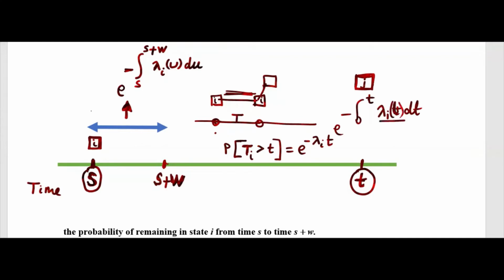Here this is a dummy variable, so you can write lambda I U du. So this is the notation. They are exactly the same. The only thing is, at whatever time we are making a transition, for that we have given S to S plus W. W is the time, remember. This is also there separately, but I don't want to bring everything here. Whatever is required, we will discuss that.